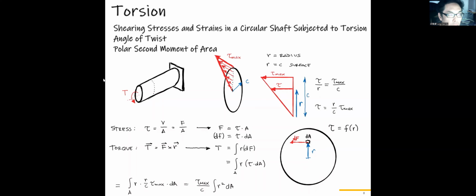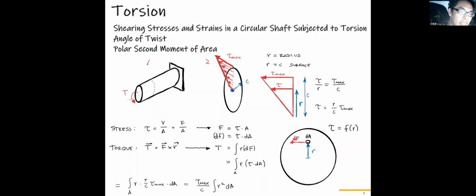So when we apply a torque to a solid rod or shaft, the shear stress distribution will be like this second plot. At the center of the shaft, the shear stress under this torque equals 0, and the maximum shear stress is at the surface.